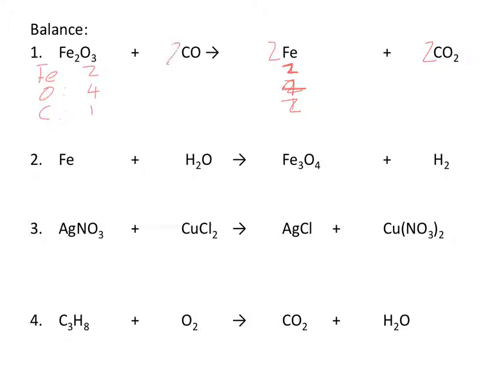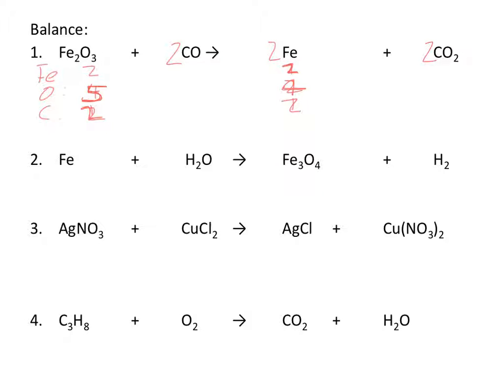So let's have a go at sorting that by putting a 2 there, and that means we've got 2 carbons rather than the 1. But unfortunately, oh dear, it spoils the oxygen balancing that had happened, because we've got 3 there and 2 there. So that means we've got 5, which is a bit of a pain.